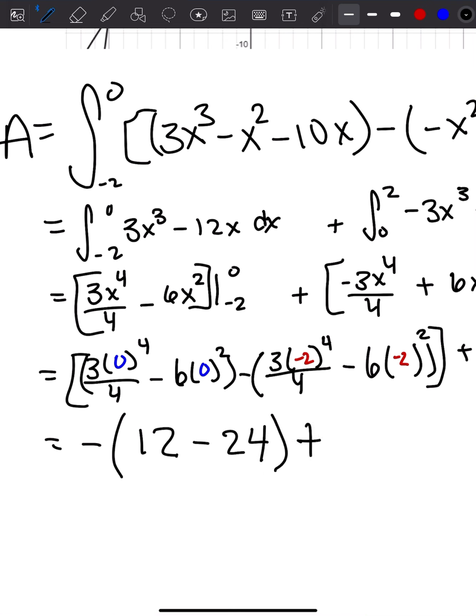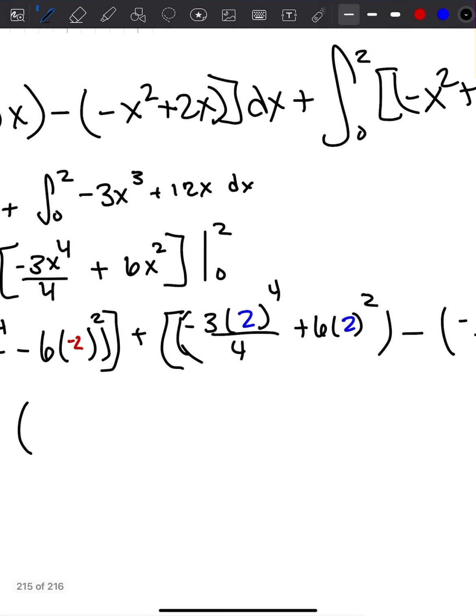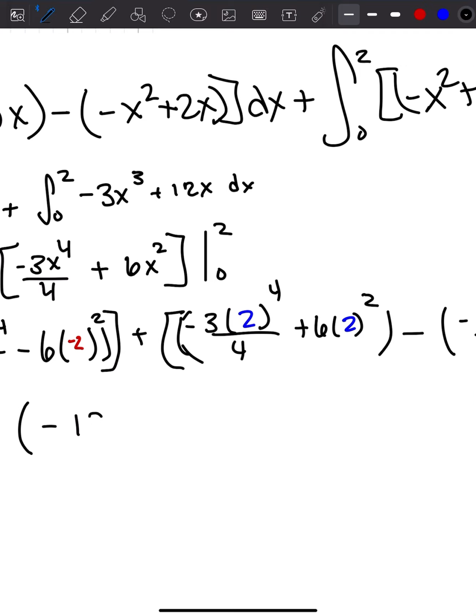And I'm going to add it to 2 to the 4th power divided by 4 times 3. So 2 to the 4th power divided by 4, we found out is 4. We multiply it by negative 3, and we get negative 12. Plus 6 times 2 squared. 2 squared is 4. 6 times 4 is 24. And then we're subtracting 0 from that.